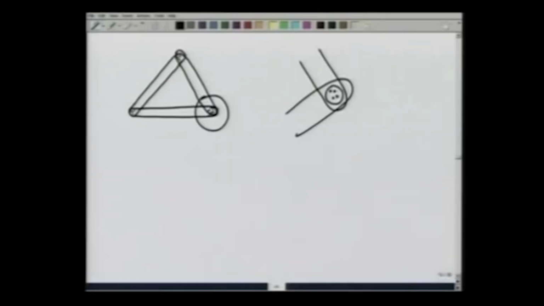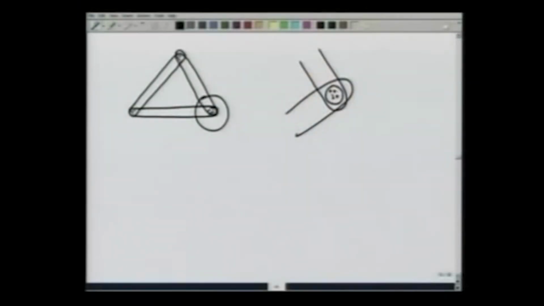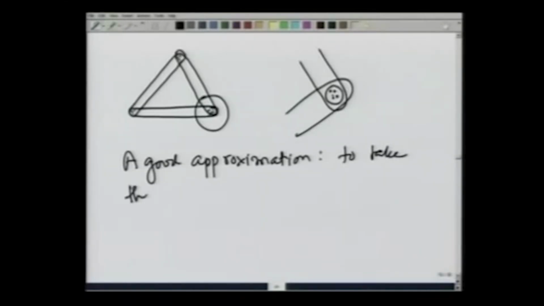Even then, it is a good approximation to take a joint as a pin joint. Why?